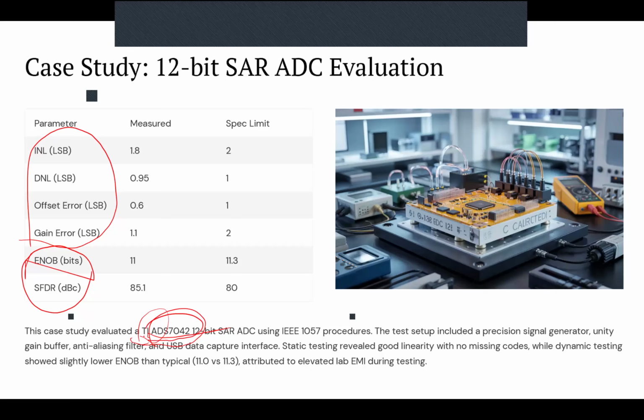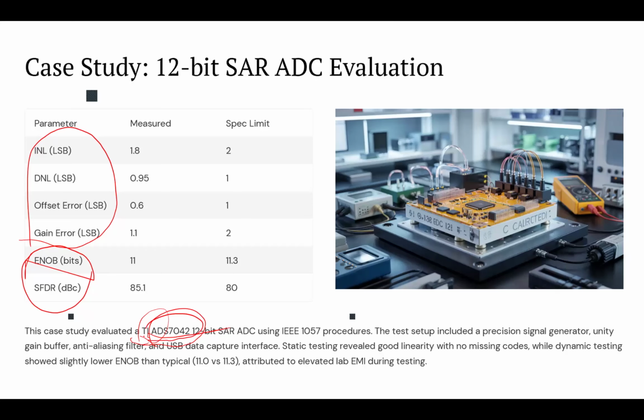Okay, now another one is SFDR, the parameter that we are measuring. It shows the distance between the main tone and the worst spur. The range that is acceptable in a standard is that it should be higher than 80 decibels.